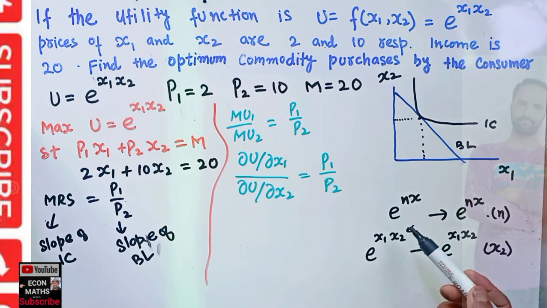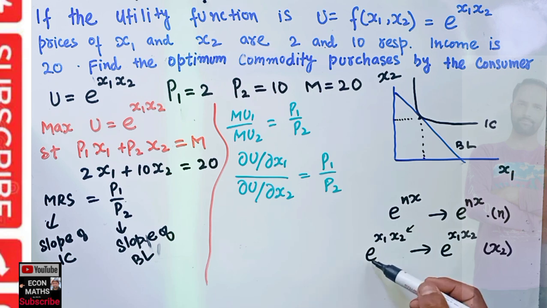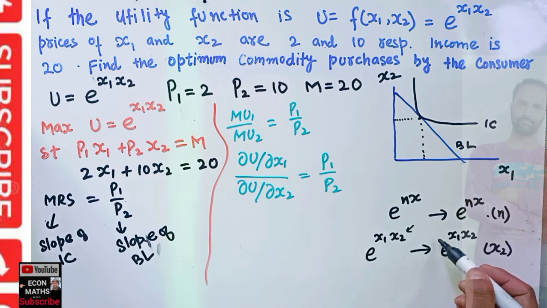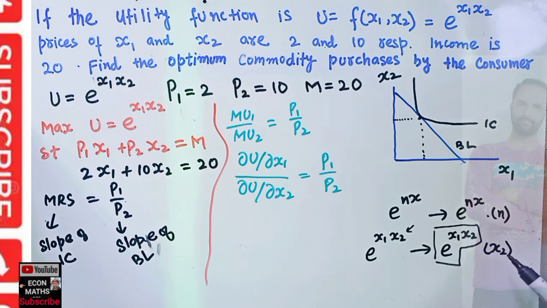So the derivative of e to the power x1 times x2 is first this function which is given, to which we multiply x2, that means we differentiate the exponent with respect to x1. The derivative of x1 is 1, and we are left with x2.